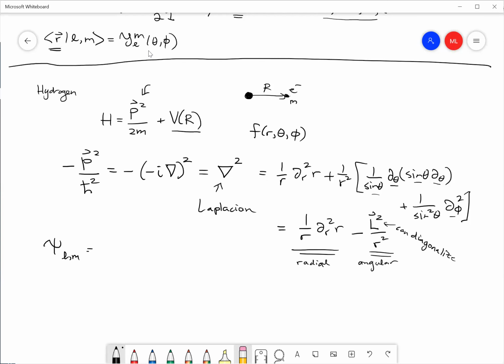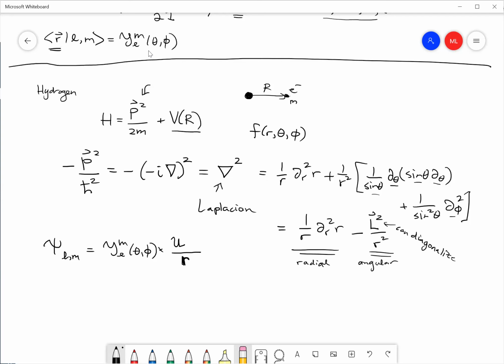And so what's the idea here? Your wave functions are just going to have the form of YLMs, and that'll take care of the angular part. And then there's a radial piece, and we can already say something about it. So it'll be some function u, and it's convenient to divide by little r.